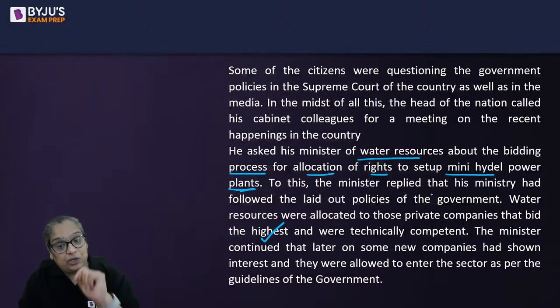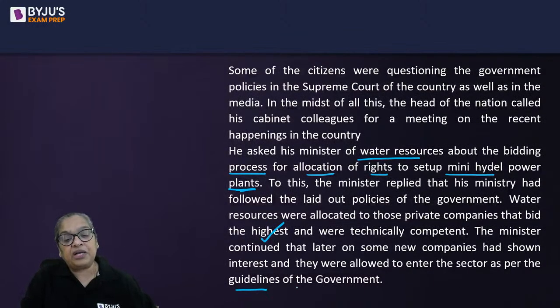The minister continued that later on some new companies had shown interest. They were allowed to enter the sector as per the guidelines of the government. Everything is given, we followed the guidelines. That's what they said.